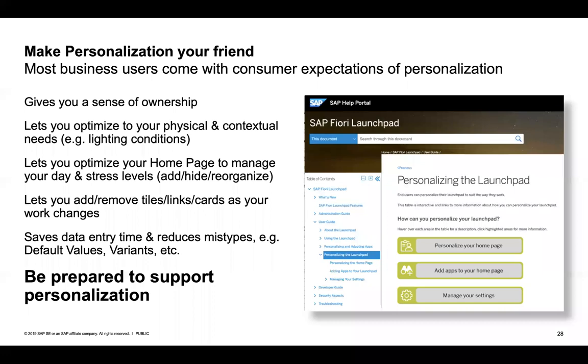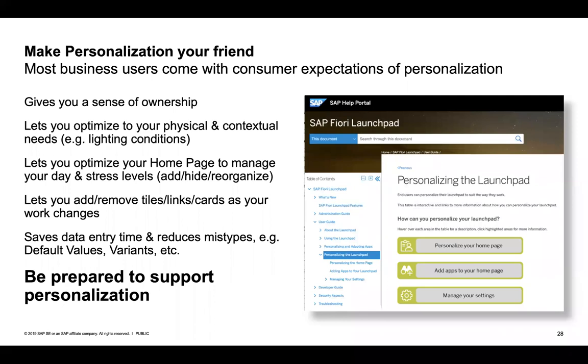One other thing, and this is usually where your IT team is quick to lock everything down to make their lives easy for the half dozen people in the IT support team, instead of thinking about the experience for the thousands of people they're supporting. Most people have a phone and a tablet and other sorts of devices at home. They're used to being able to personalize them to what they need. They expect a certain amount of personalization at work.